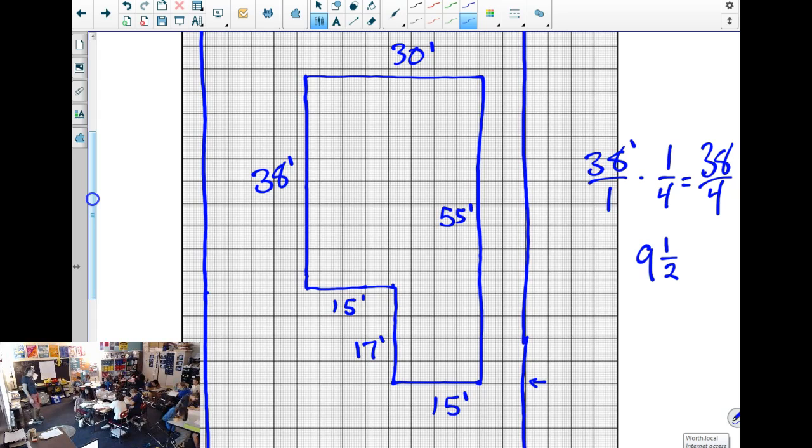Okay, now we get to the actual question. That wasn't the actual question. How big of a pool can Guillermo put in his backyard? Guillermo wants to put a pool in his backyard. Now, I got 2 different questions. What's the maximum size of a pool that he could fit?